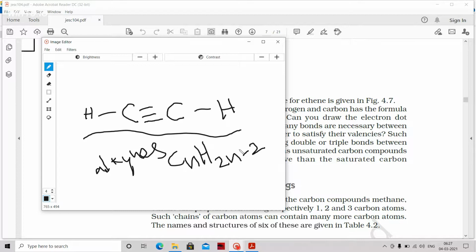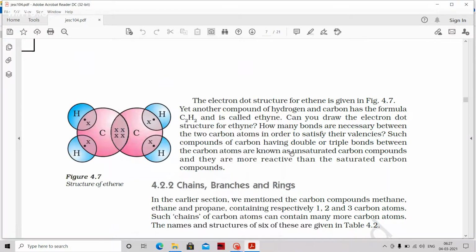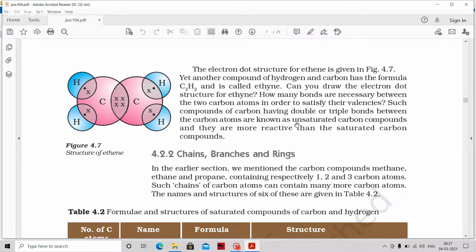Alkanes, we told, are CnH2n plus 2. So you now came to know these 3 types of compounds. These are called hydrocarbons, where only carbon and hydrogen are present.